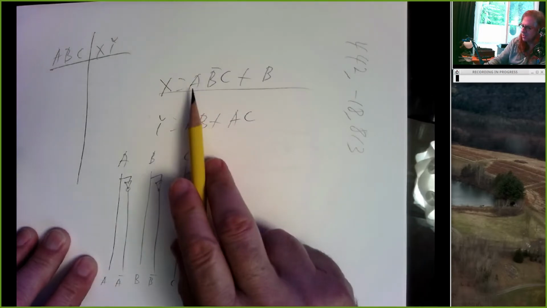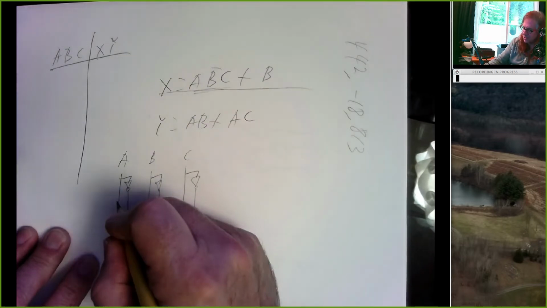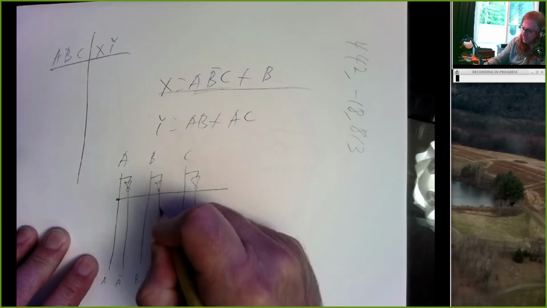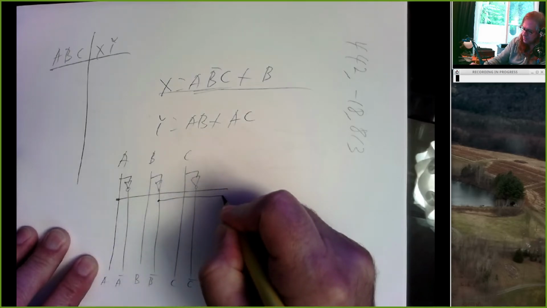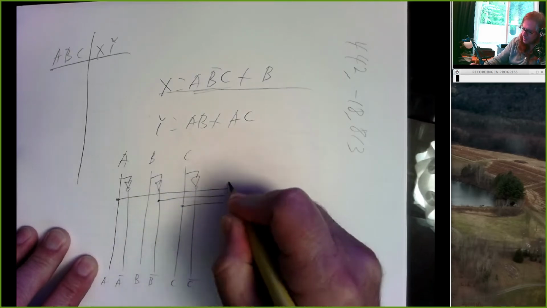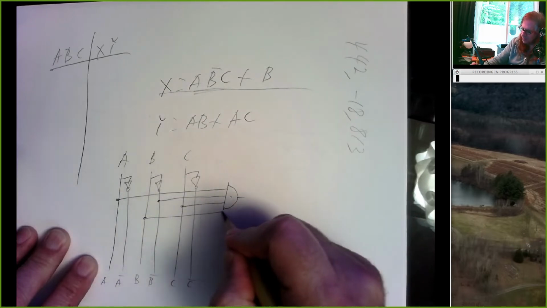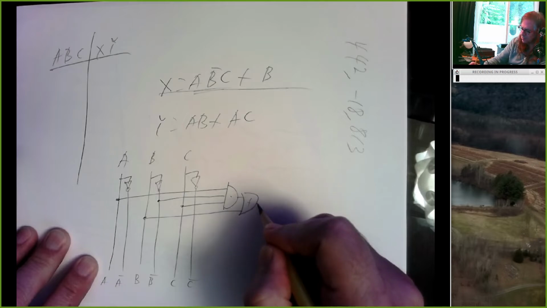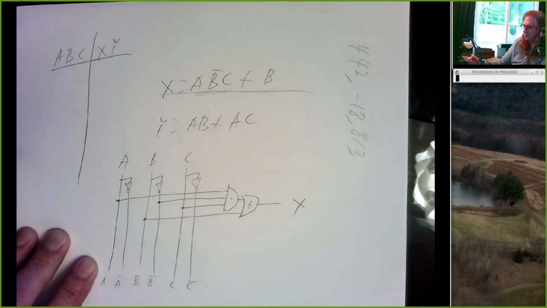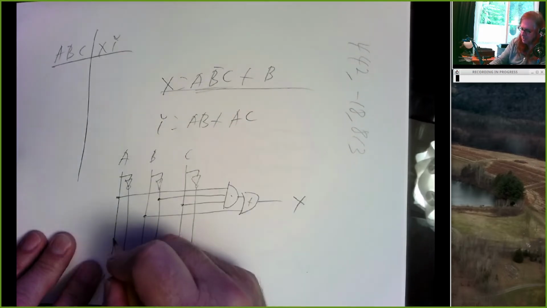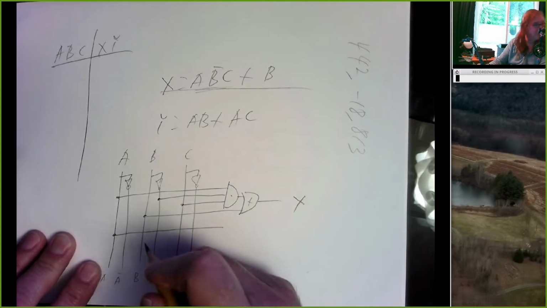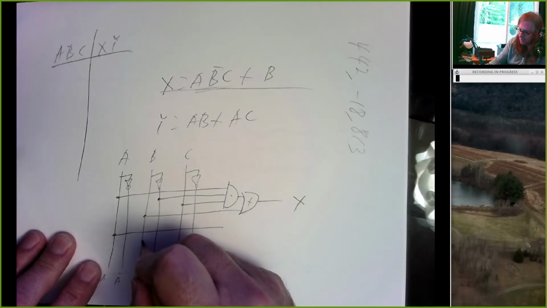So to generate X, we need to take an AND of A, B bar, and C. So let's take A, B bar, C, and those together. We also need to take B, and then we need to OR those. There's X. To generate Y, we need to take A, B, and those together.